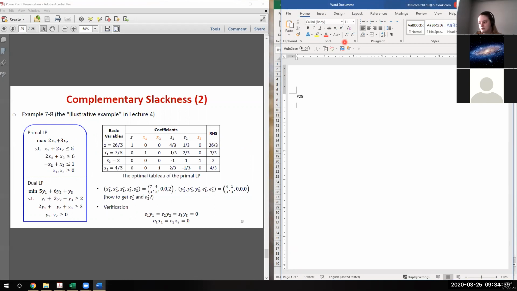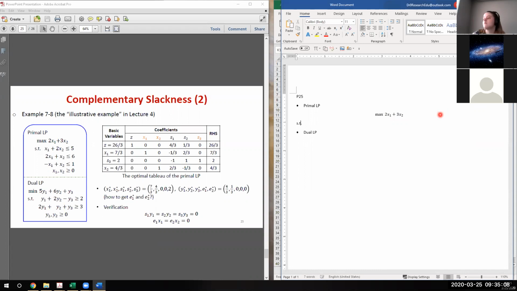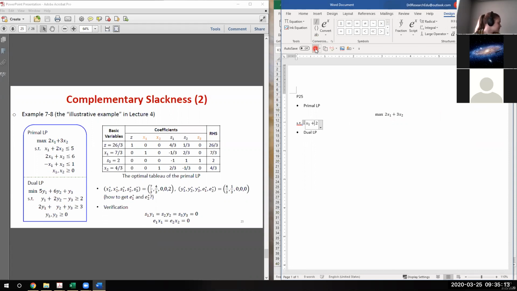Let me write it in this way. Page 25. Primal LP, dual LP. Okay. For the primal LP, what I have is this: maximize 2x1 plus 3x2, subject to x1 plus 2x2 less than or equal to 5.